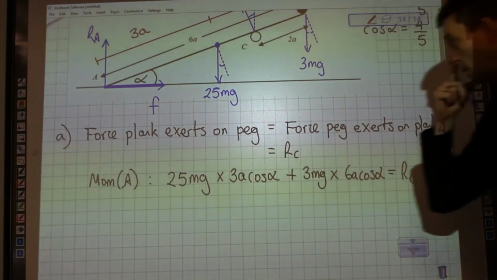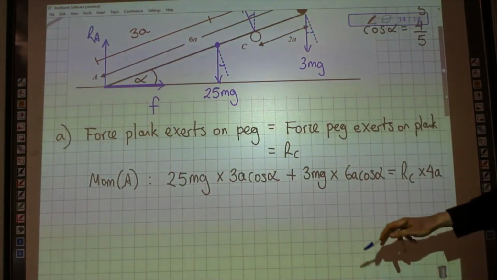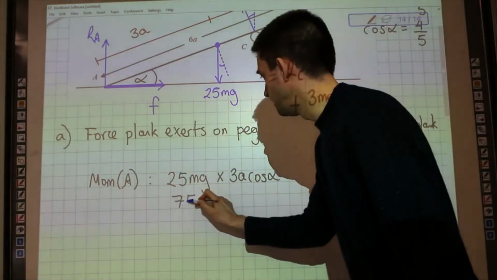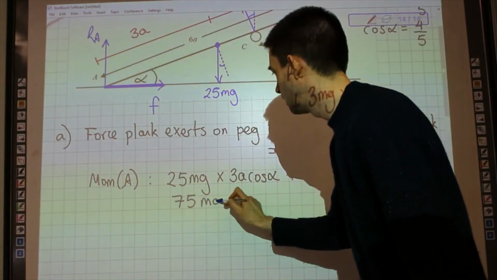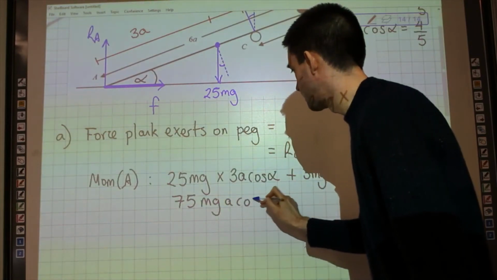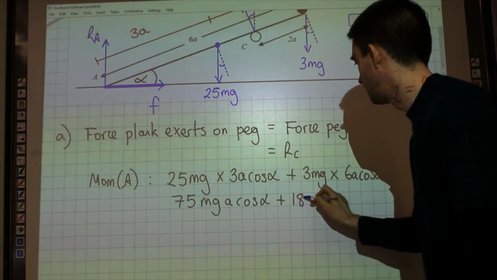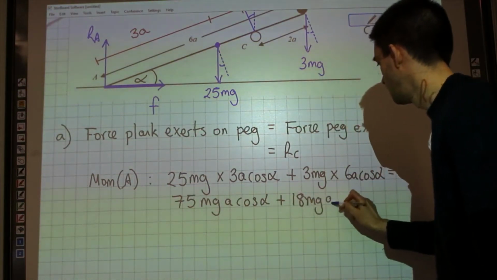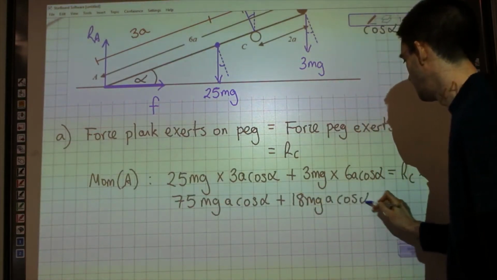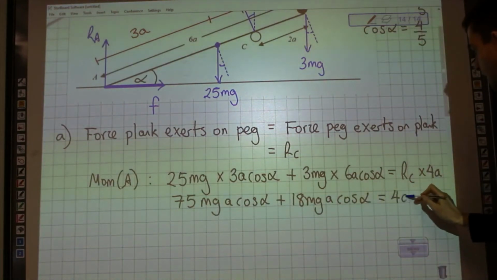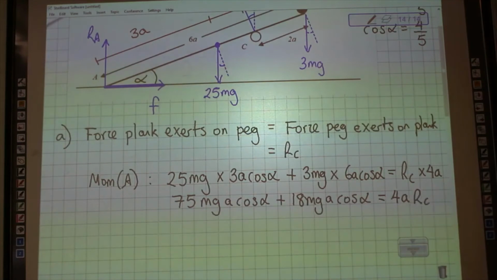So, what that allows me to do is I've actually got 75 mg a cos alpha here, and I've got 18 mg a cos alpha here, which equals 4a times by RC.